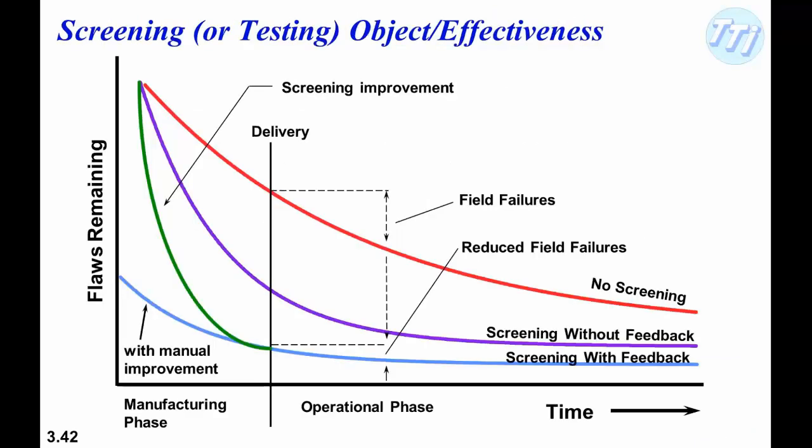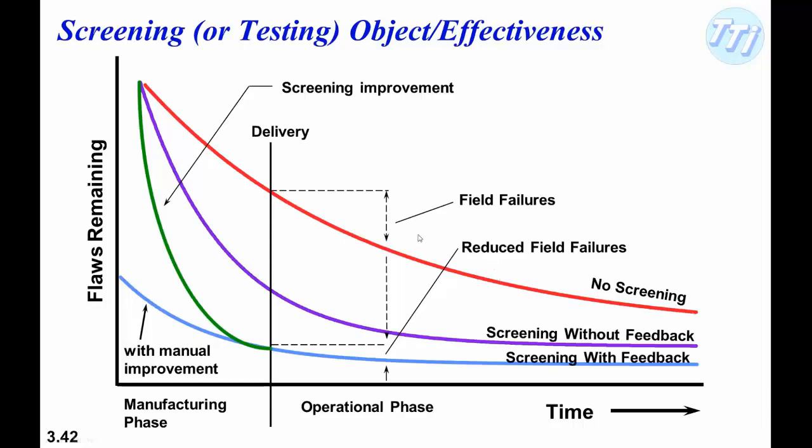So the whole objective of this is to find the hardware that is bad before it gets delivered. Before this idea came up, this curve demonstrates the failure versus time behavior of devices that haven't been screened or tested. The bad news here is that we don't catch very many failures before delivery, and then we catch a lot of failures out here.